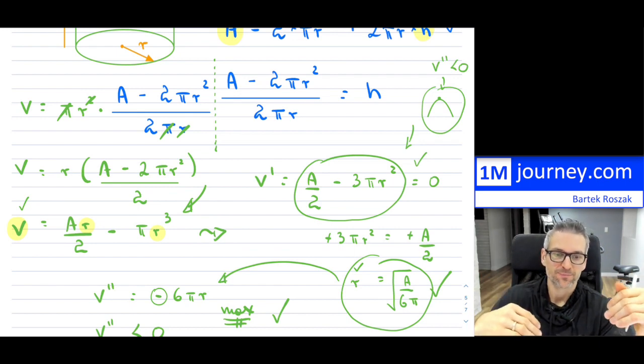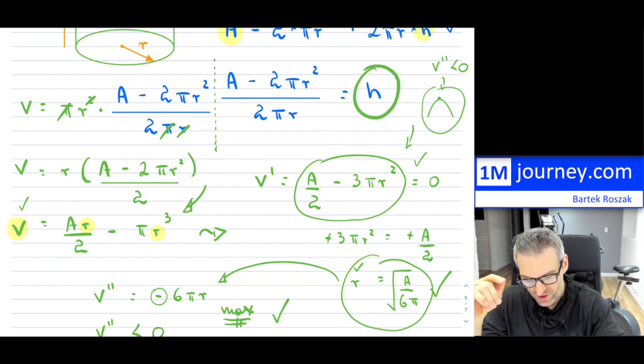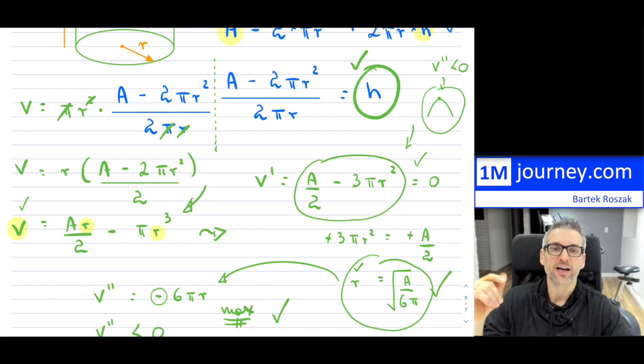But currently, we just know that area is given, but we don't know what it is. If you want to know what the height was, again, you can substitute it into your height equation right here and find out what that height would be. It's not going to be very pretty because we don't know what area actually is. We just know that it's fixed.